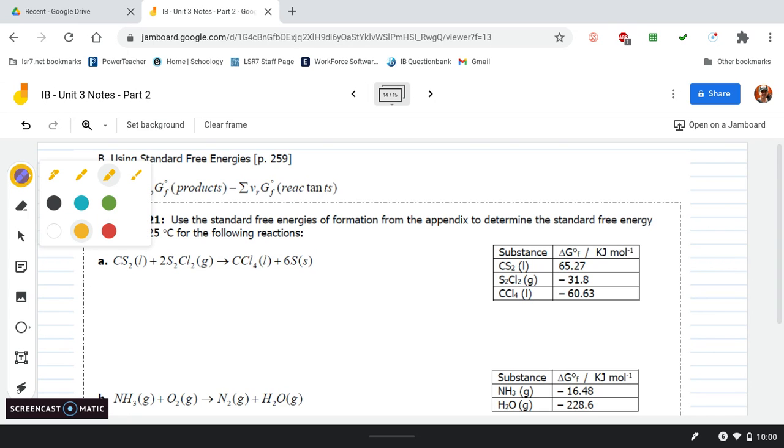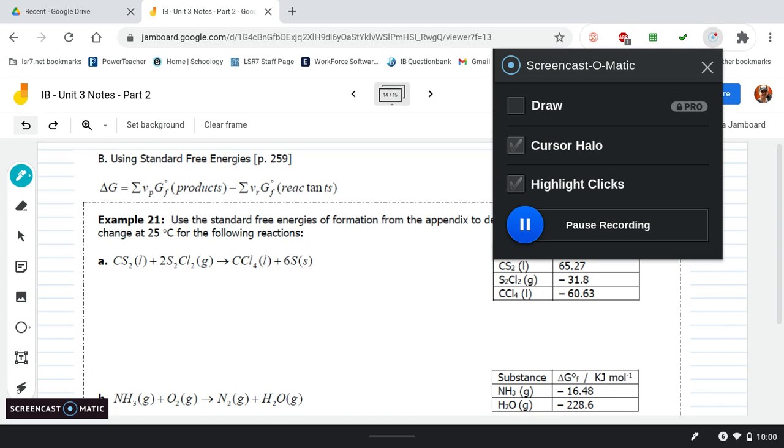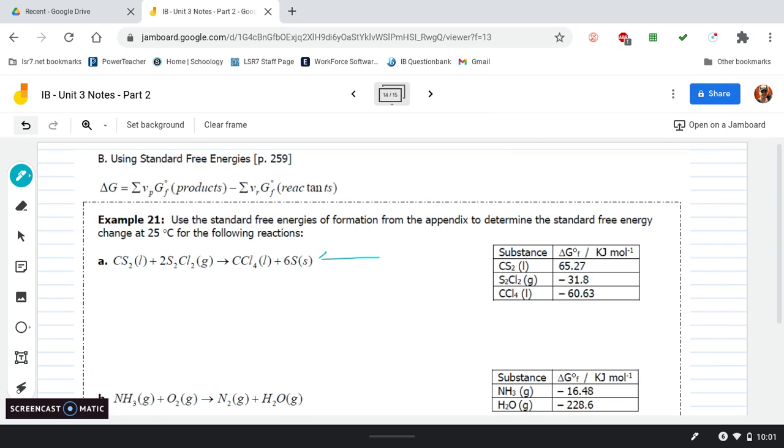I've been telling you this for multiple videos now, multiple sections, that this concept of products minus reactants comes up over and over and over, and here it is once again. All right, let's go ahead and do this. You do have to check to make sure they're balanced, which this one is. So products minus reactants.